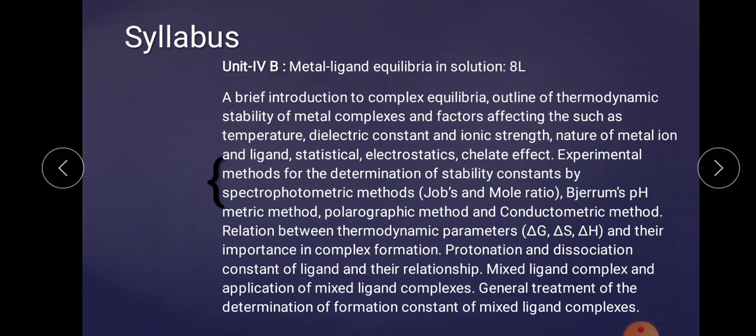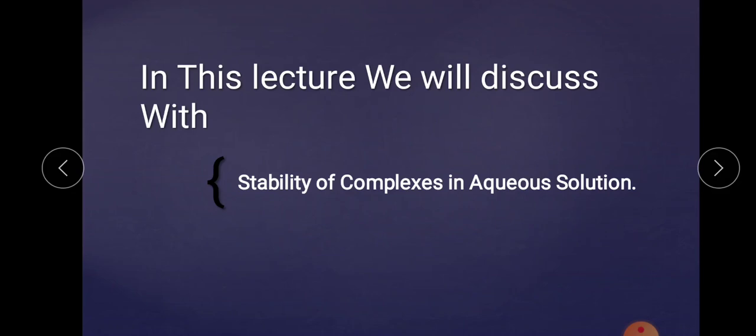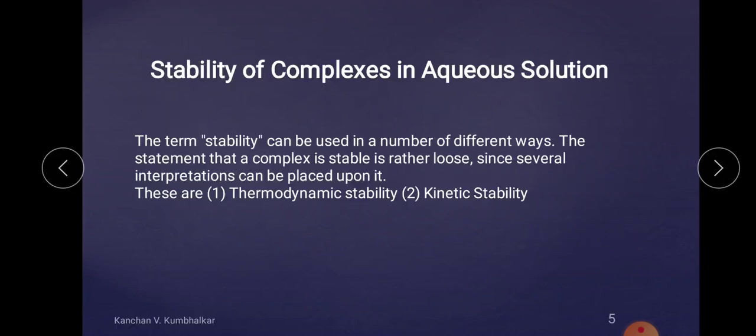So let's start with the first point of this lecture. In this lecture we will discuss the stability of complexes in aqueous solution. Now the term stability can be used in a number of different ways. The statement that a complex is stable is rather loose, since several interpretations can be placed upon it.